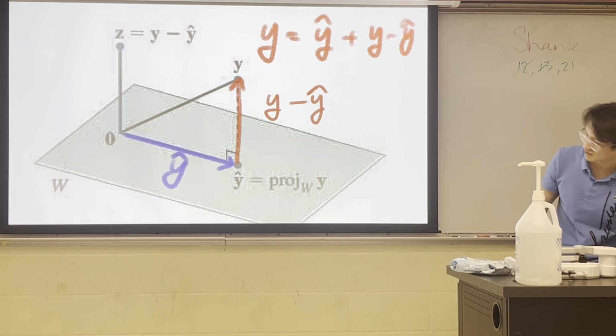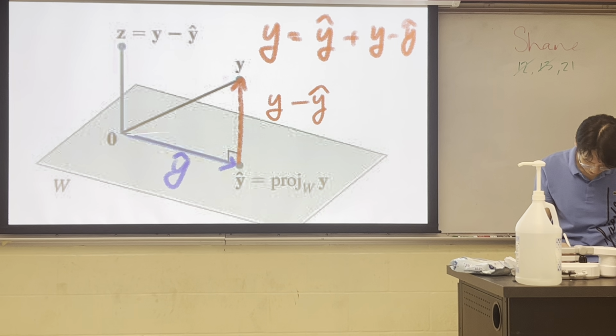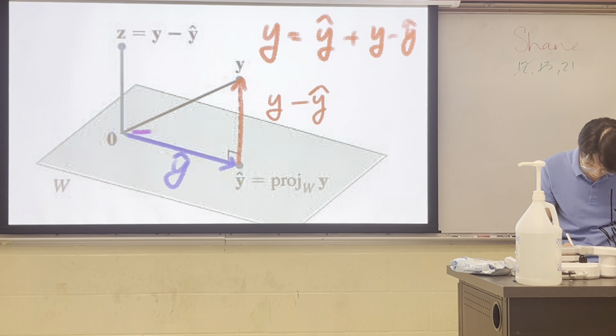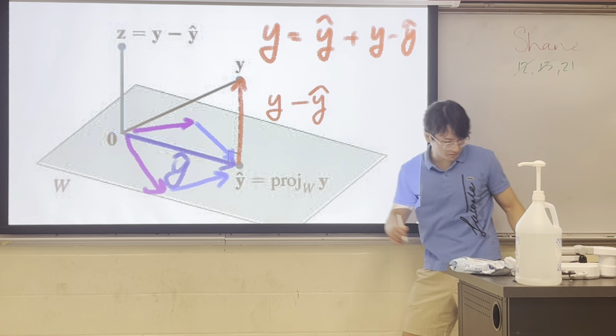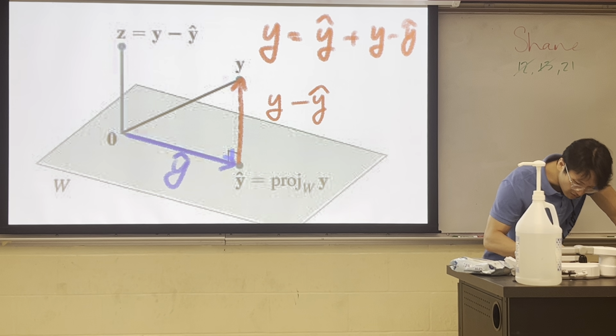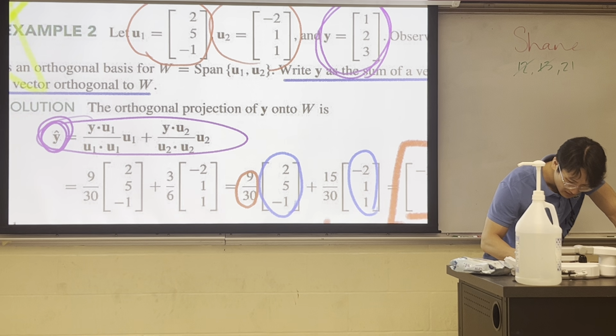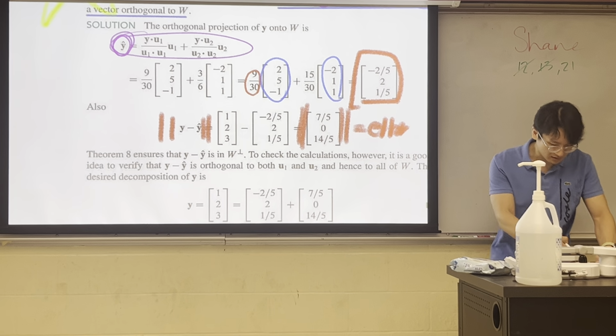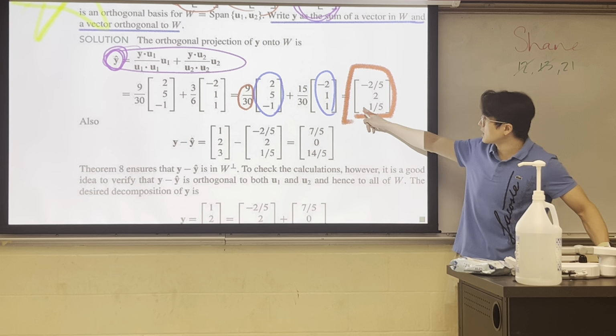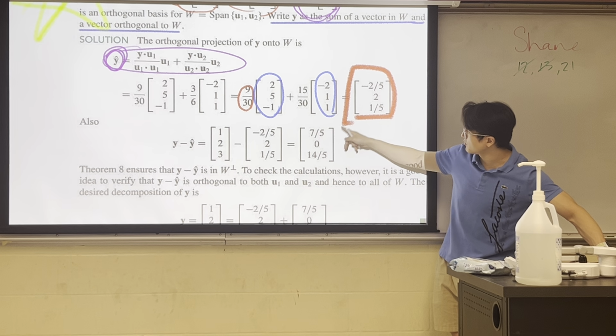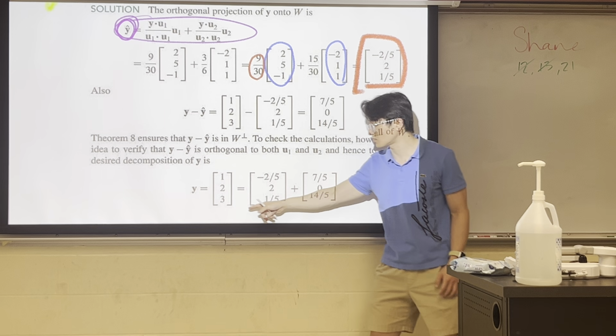Sorry, I was thinking of the other problem, where you get these two vectors and their addition is this vector, but don't worry about it. For this problem, as Joseph said, we got y hat and y minus y hat. If we add these two, it should match the original y.